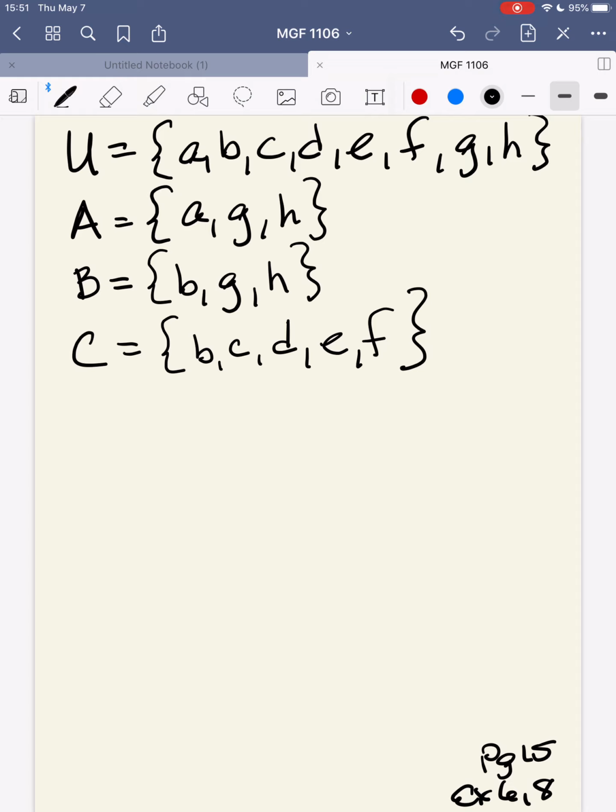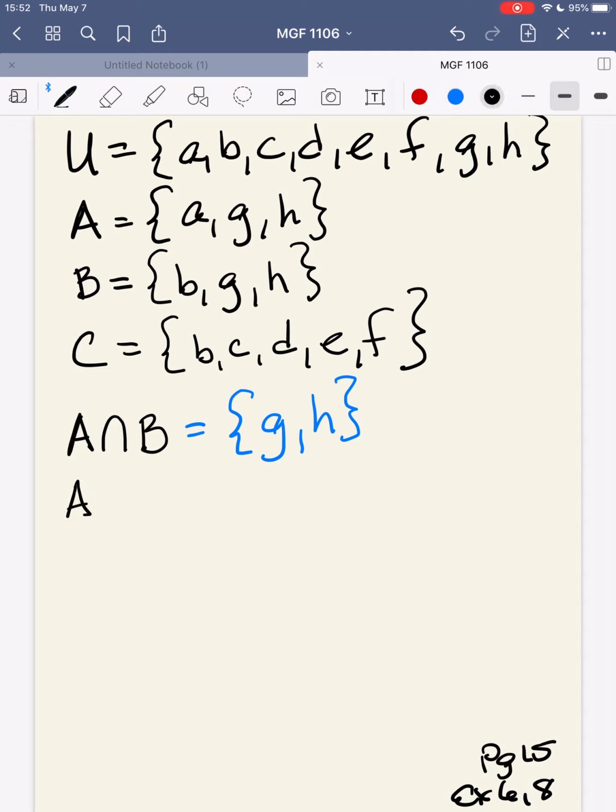Okay, no G. If I want A intersect B, A and B, I have to look at the elements that they have in common, which would be right there. And so my set here would be G and H.